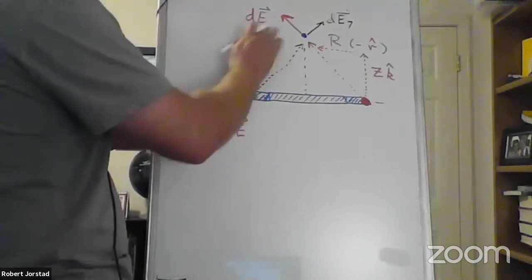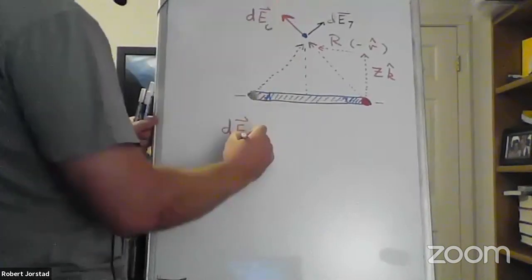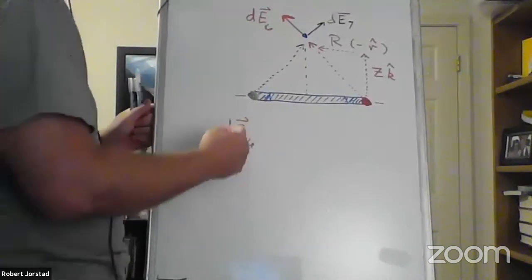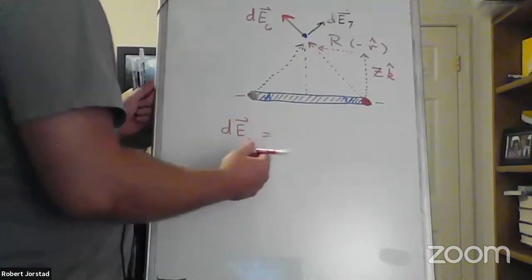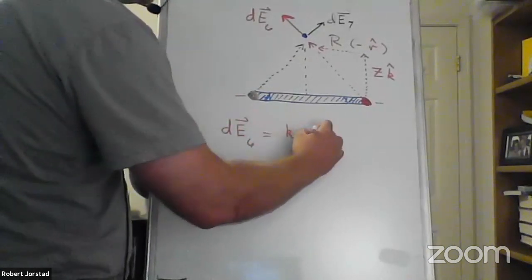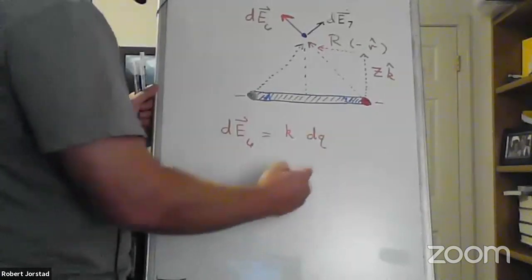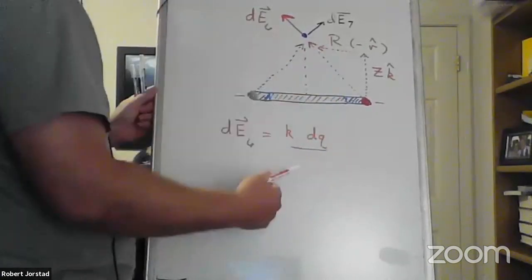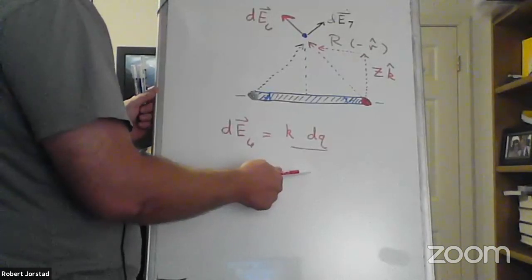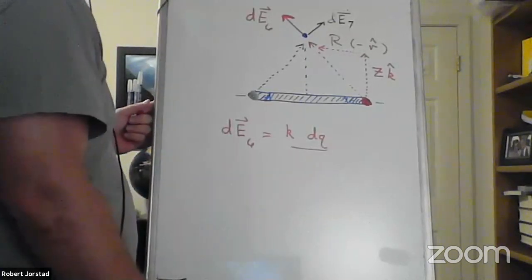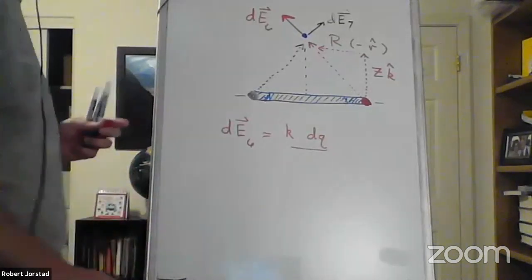so I think I called this dE for no good reason. It doesn't matter. Okay, so it's going to be K dq all over the distance squared. What's the distance? Is it Z or is it R? I'll let you think for a second.